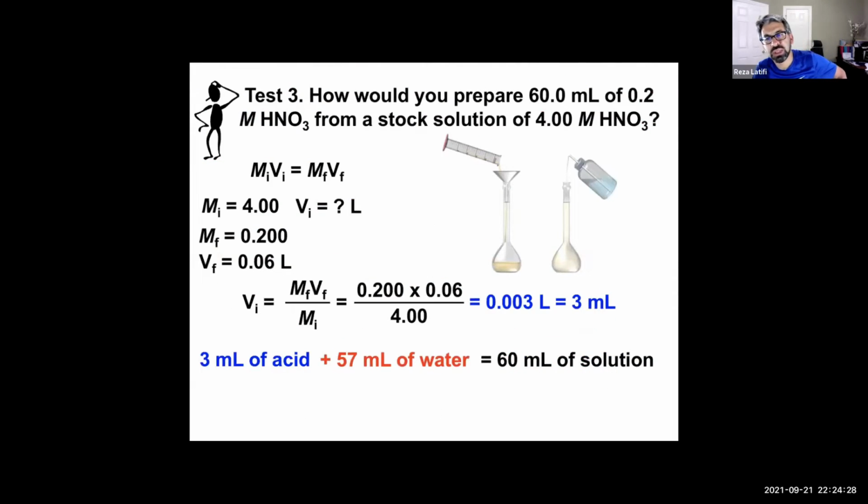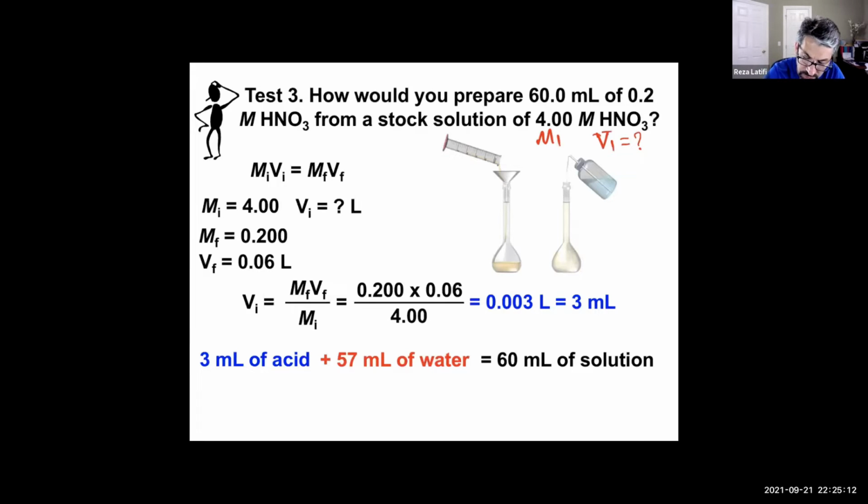So check this. It says we want to make 60 milliliters of a solution that has a concentration of 0.2, and the source, or the stock solution, has a concentration of 4 molar. You go M1V1 equal to M2V2. It doesn't matter which one is M1 or which one is M2. Just give it a label, anything you want. If you call this one M1, then V1 is missing, because the volume of the highly concentrated solution will be V1.